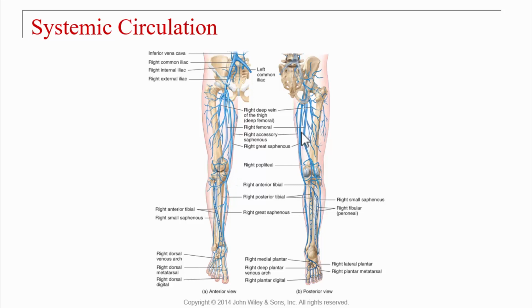And so if you think about it, once that saphenous vein is removed, that's a pretty large vein. So there's going to be fewer veins to drain the blood away from the leg back to the iliacs and eventually back to the inferior vena cava.